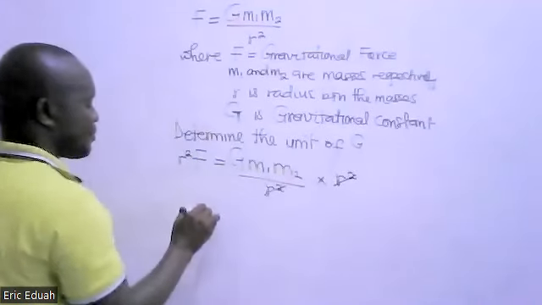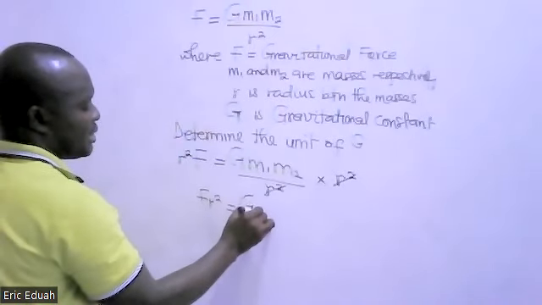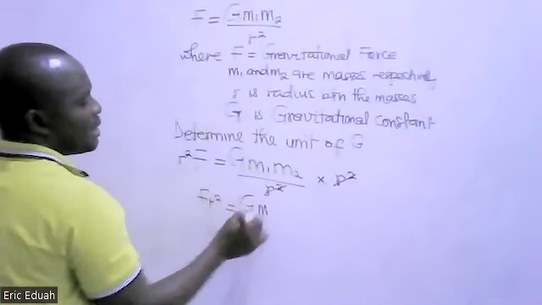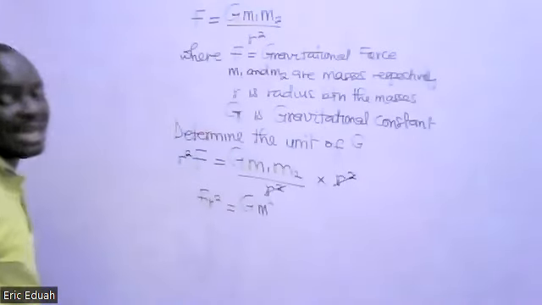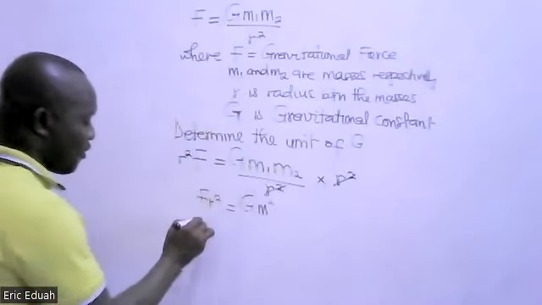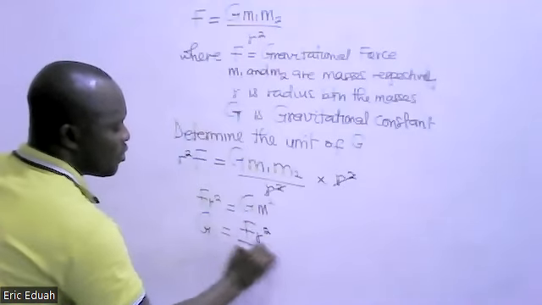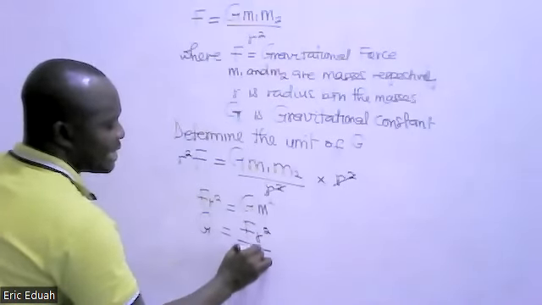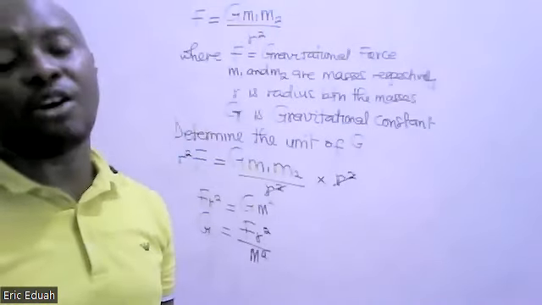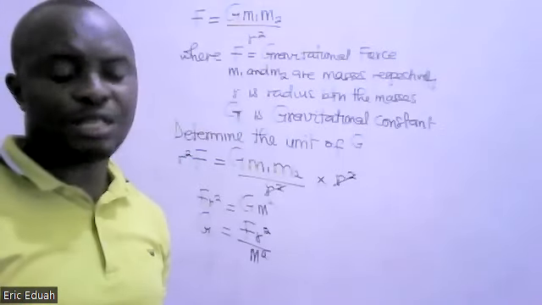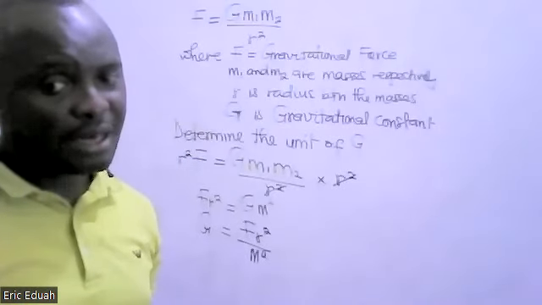So I have F R squared equal to G times M1 M2, which is simply M times M, so it's like M squared. Therefore, G will be equal to F R squared over M squared, because M1 and M2 are all masses, so the dimension will be simply M. Are we fine?